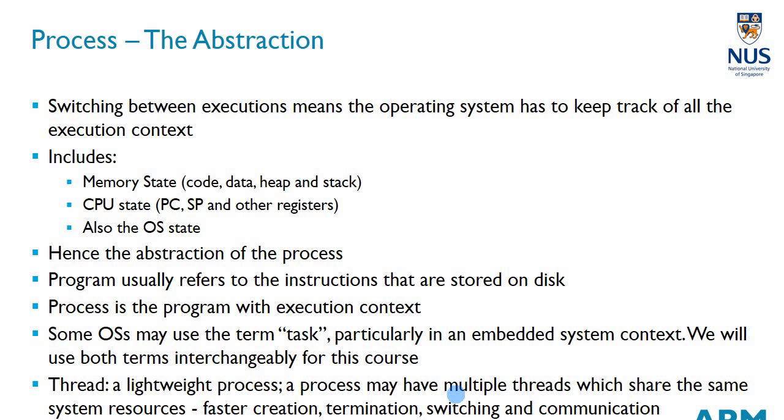Inside the process itself, there is information of the amount of memory that I'm using, which address spaces have been allocated to me, and while I'm executing the process, what my current state is, what the values of my registers are, and of course the state of the OS itself, in terms of how it is allocating and managing the requirements of this process.